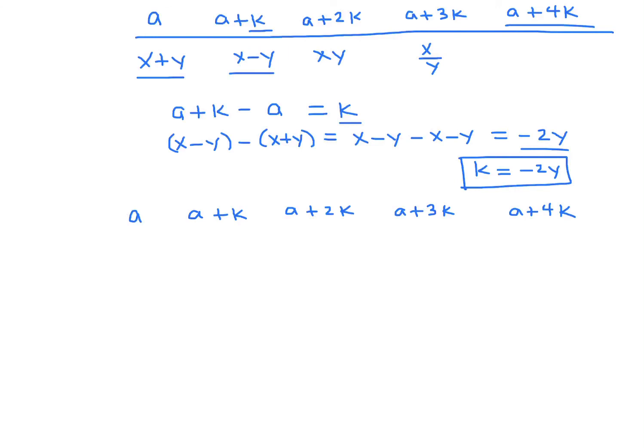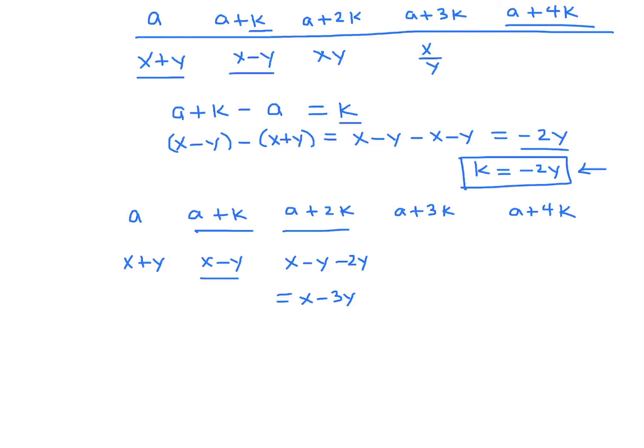The first one is just a, and we are told that it's x plus y. Second one is a plus k, and we are told it's x minus y. Now, to get the next one, we would basically take this one and add k. So you would take x minus y and add k to it, and k is minus 2y. All right? You see how that went there? So this is basically x minus 3y.